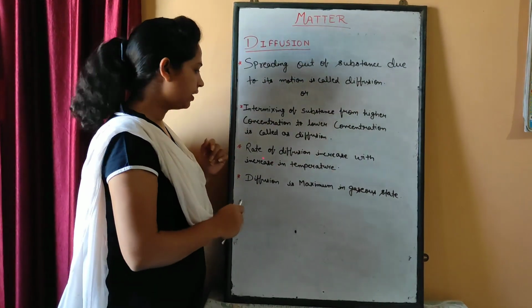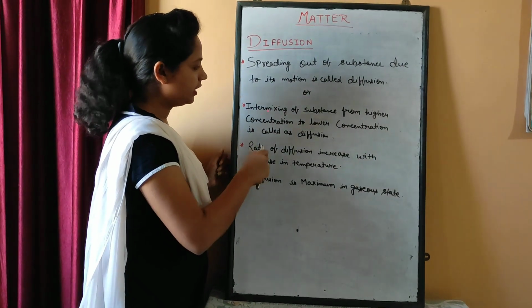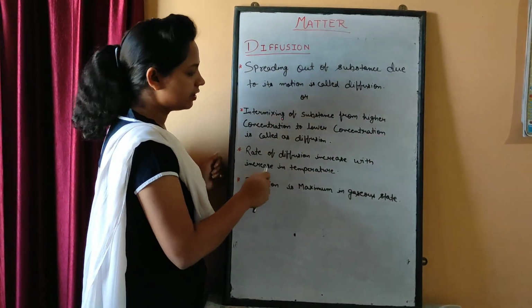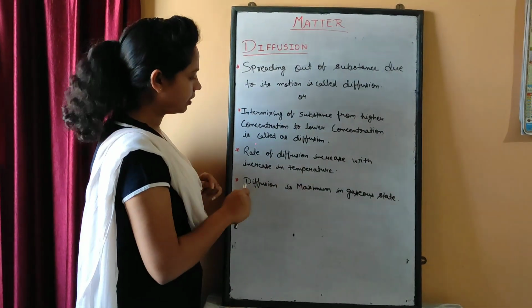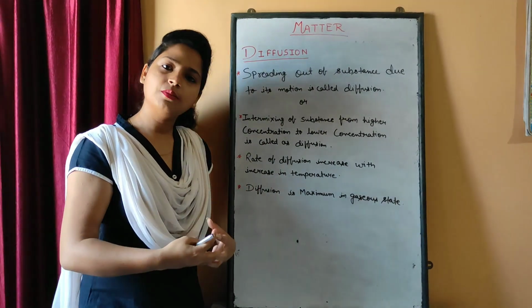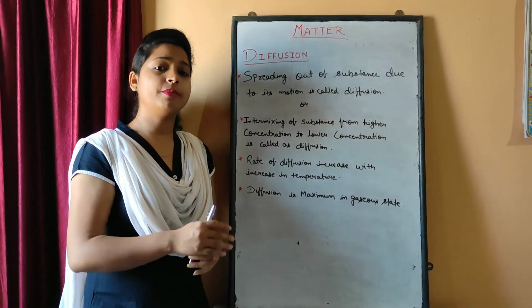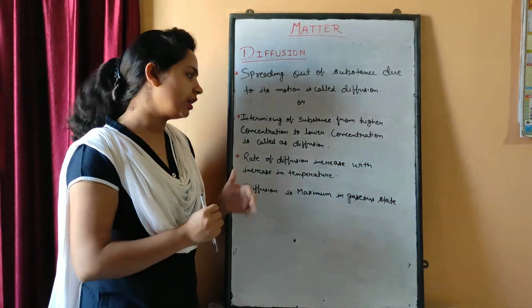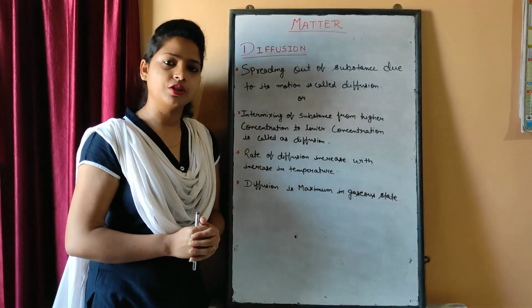For better understanding, here is a second definition: intermixing of substances from higher concentration to lower concentration is called diffusion. When two substances get mixed with each other, and the mixing always takes place from higher concentration to lower concentration, it is called diffusion, right?